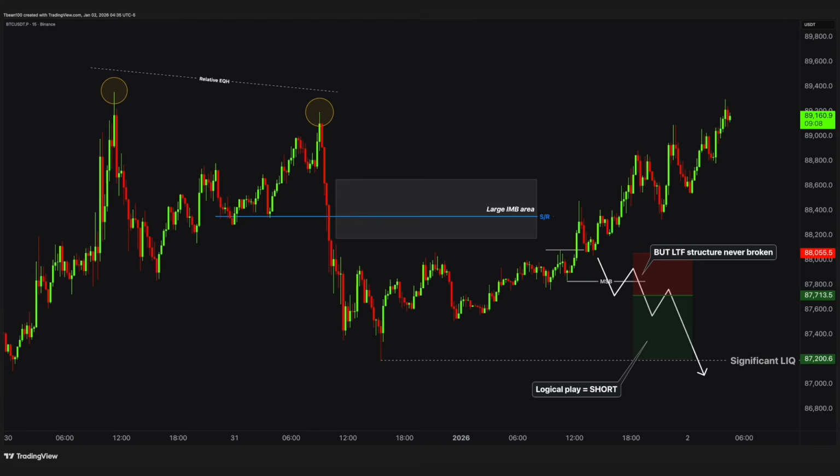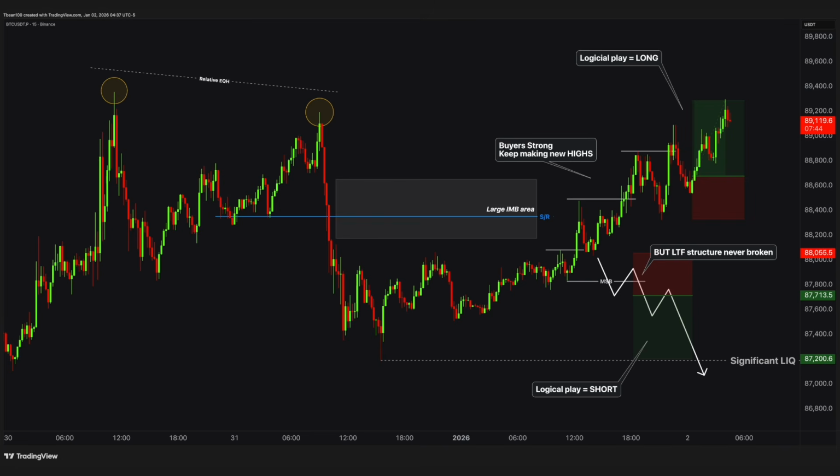But instead, if you carefully look above, you will notice the relative equal highs sitting up there. That was a strong reason for the price to keep moving higher to take out that liquidity. And the inner structure was never broken and just kept pushing upwards. Because of that, we need to shift our thinking and realize we are going higher, not downwards.